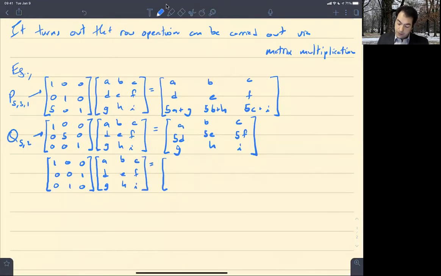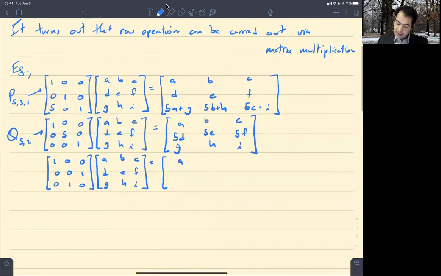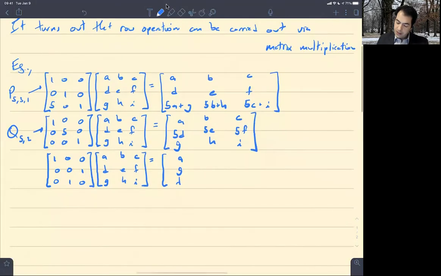So if you work this out, you get A, G, D, and so on. So B, H, E, C, I, F. So it is indeed the effect of starting with this matrix and switching the order of these two rows. And we're going to refer to this matrix as R2,3.